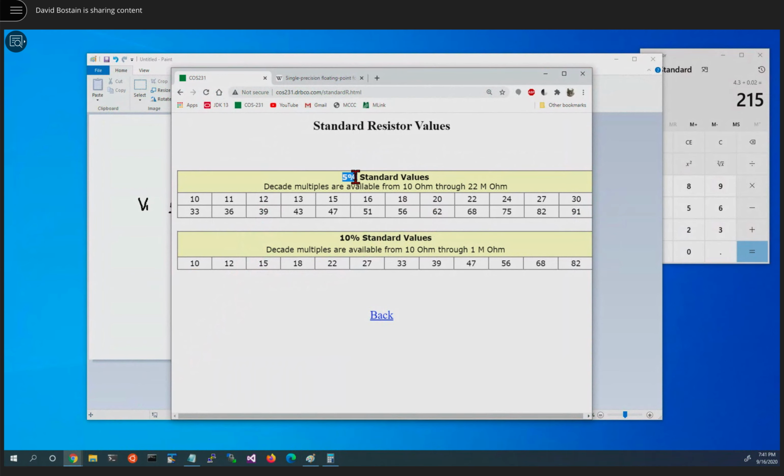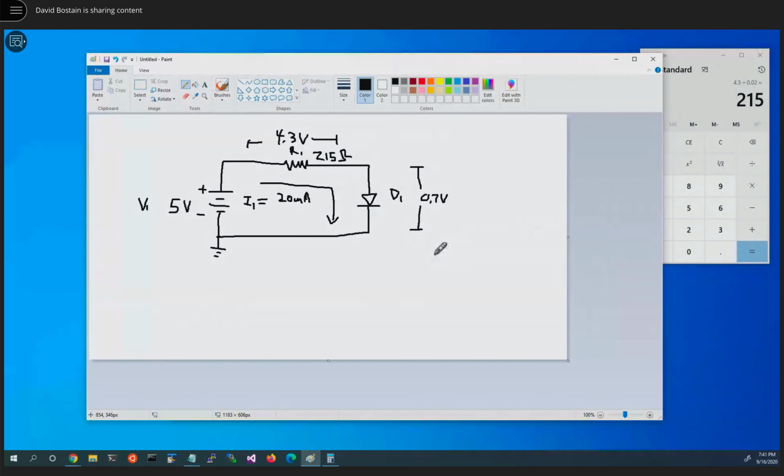If we got 200, we'd have to get 5%. But we get 220 with either 5 or 10. Let's assume for a second that we're going to get 220 ohms here at 10%. So we're going to get a 220 ohm, not a 215 ohm. And we said 10%.